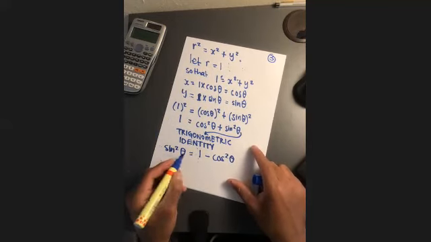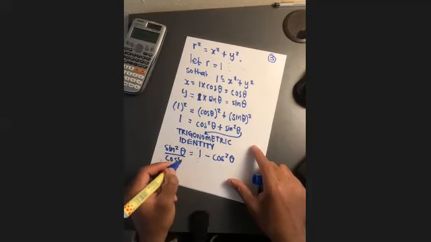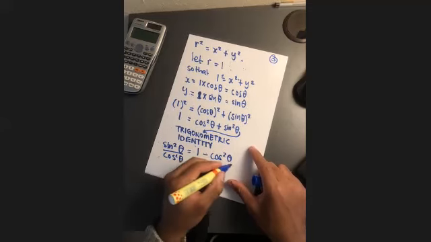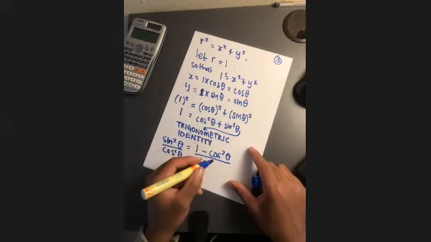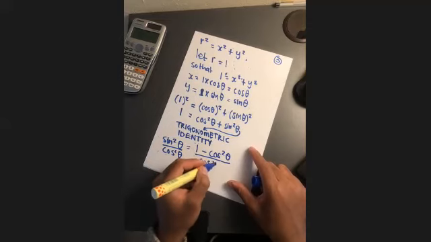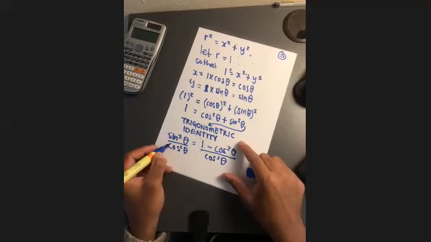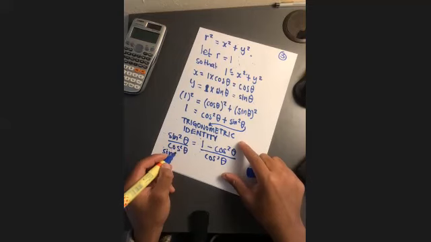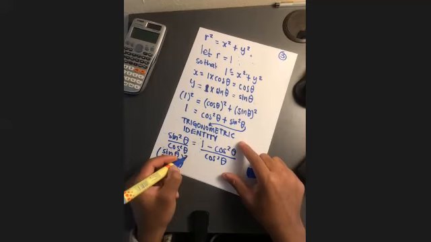And then if we divide both sides by the cos squared of theta, even for this one, cos squared of theta, we find that, just for simplicity's sake, sine over cos theta all squared.